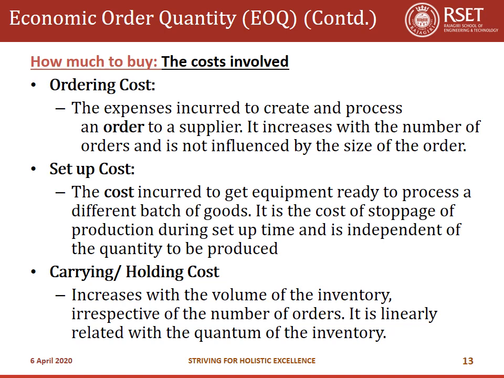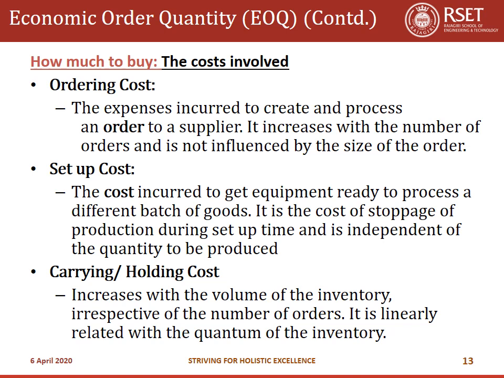The more the number of orders, the greater the ordering cost. That is, it does not depend on the lot size. For example, even if you're procuring 2 units of a material, or you're procuring 100 units of the material, your ordering cost would be the same if you're ordering it together, because you're processing it as a single order.